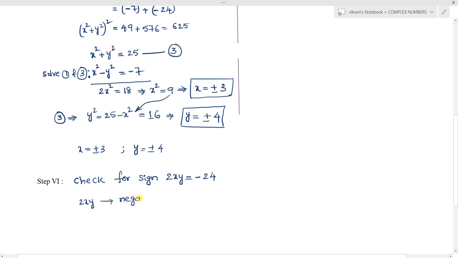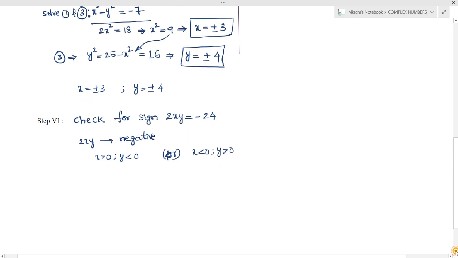When the product of the two variables x and y is negative, only if x is greater than 0 and y is less than 0, or if x is less than 0 and y is greater than 0, then only these are the two possible cases where we get the product of x and y negative.